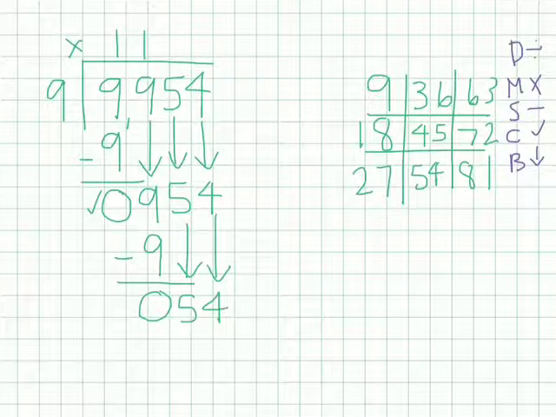Now this is a tricky part that could confuse you. I just brought down my 54, and you know what, I did forget to check from before when I subtracted. That should just be the 0 there. The 0 is less than 9, so I needed to check that, and then I could bring those numbers down.